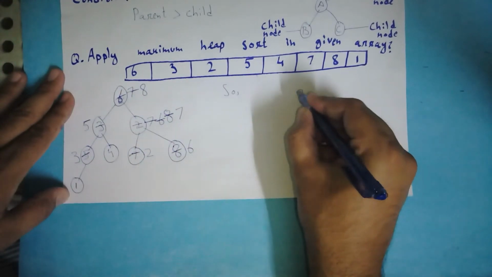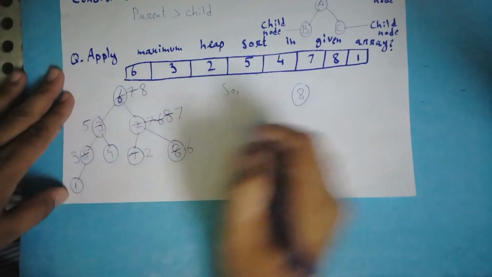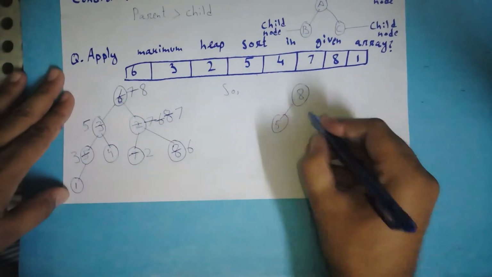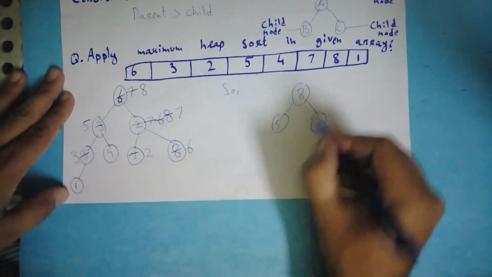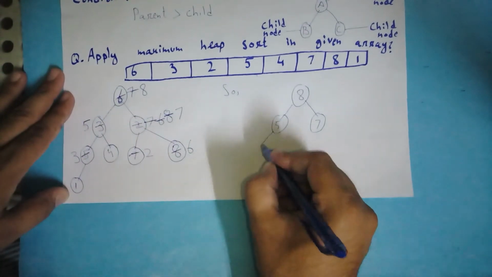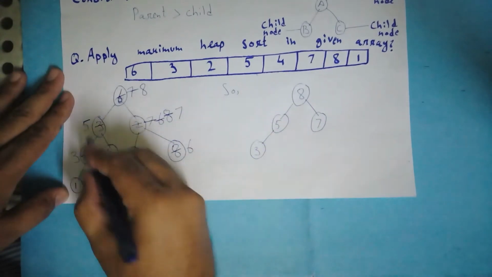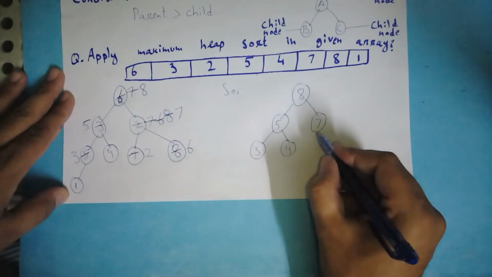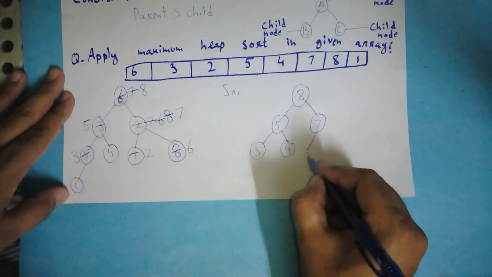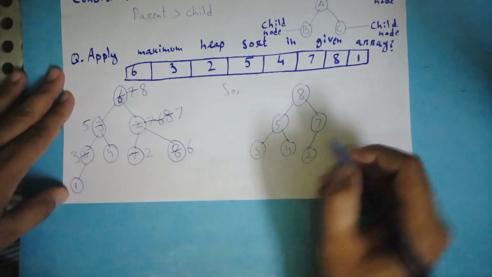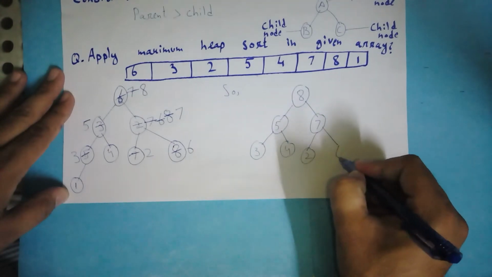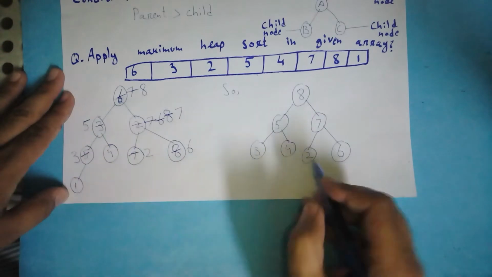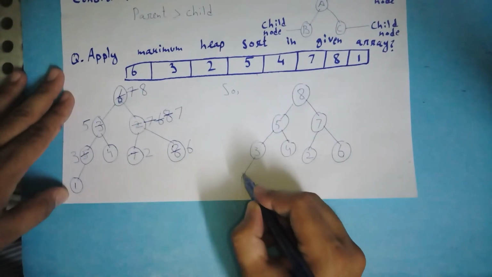First node value is 8, then 5, then 7 comes, then 3, then 4, then 2, then 6, and the last one is 1.